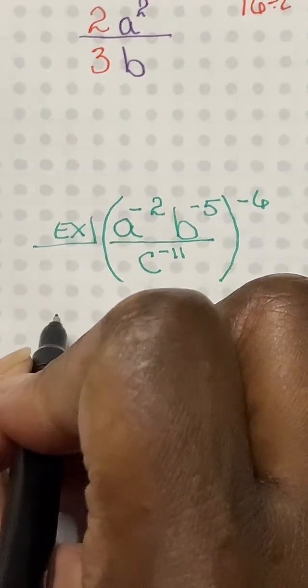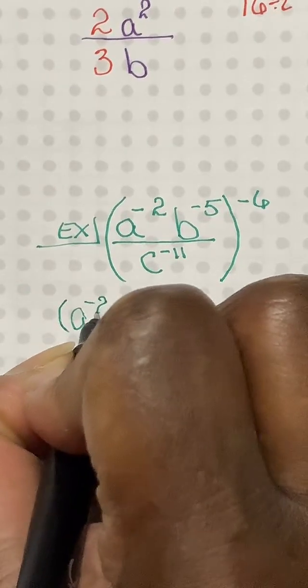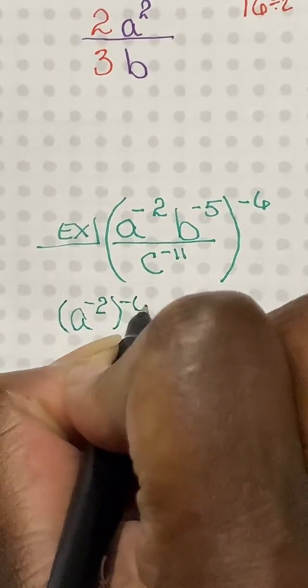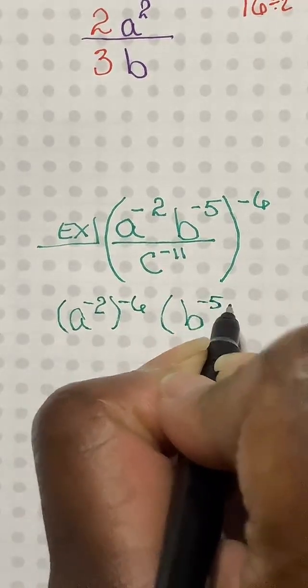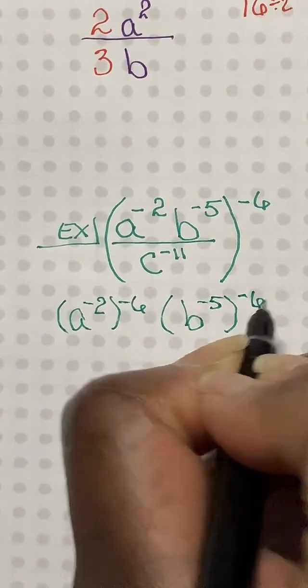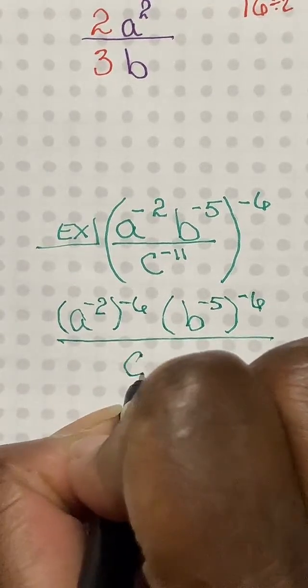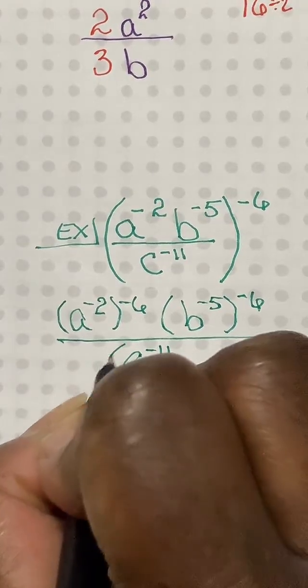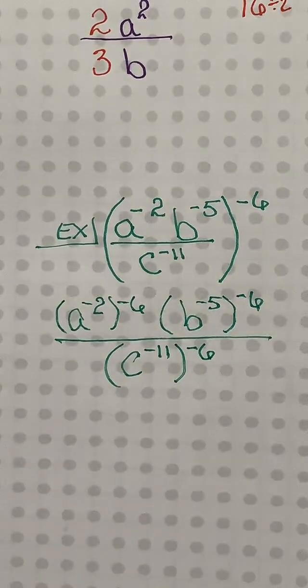You can still tackle it with a to the negative second being raised to the negative 6, b to the negative 5th being raised to the negative 6, over c to the negative 11 being raised to the negative 6.